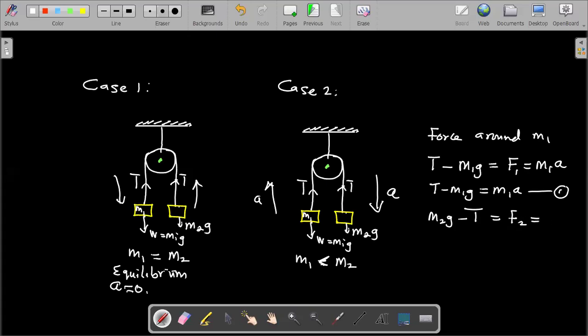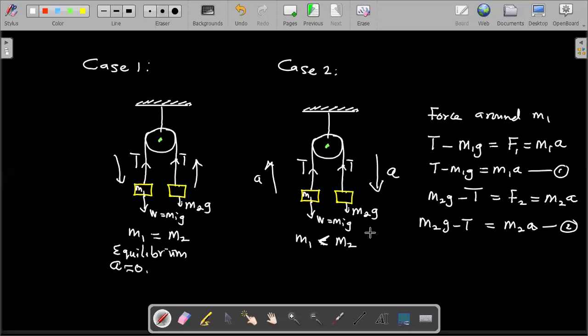This F2 is the second mass multiplied by acceleration. That is M2G minus tension equals M2A, and we call this our equation 2.